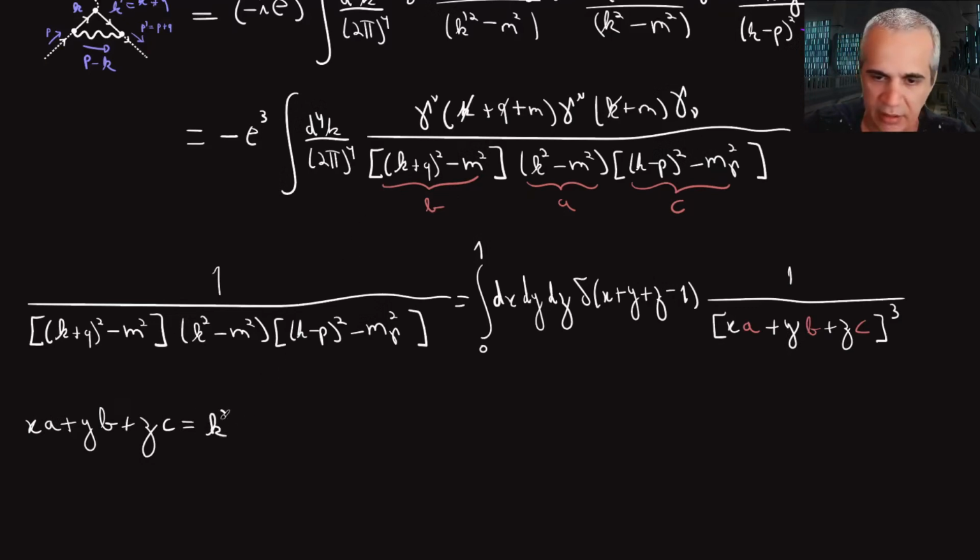I'll get a k squared. So k squared is in every one of them, so it will be multiplied by x plus y plus z, which in the presence of this delta function will always be 1. And the rest of the expression is just right here.